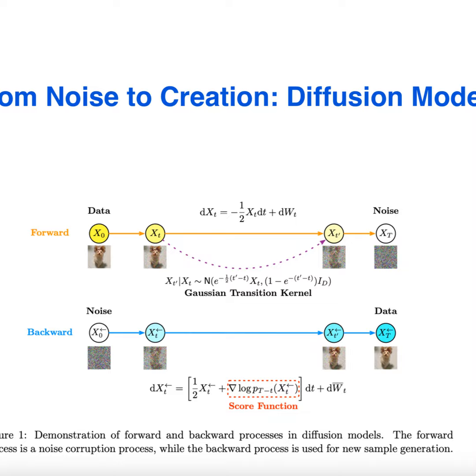Instead of those discrete steps we talked about, SDEs let us think of it as a smooth, continuous transformation. So instead of suddenly adding a ton of noise to the picture, it's more like slowly fading it into the noise. Precisely. And this continuous view gives us much more flexibility and control. The paper proposes using a forward SDE to transform the data into noise, and then a corresponding reverse time SDE to transform that noise back into data.